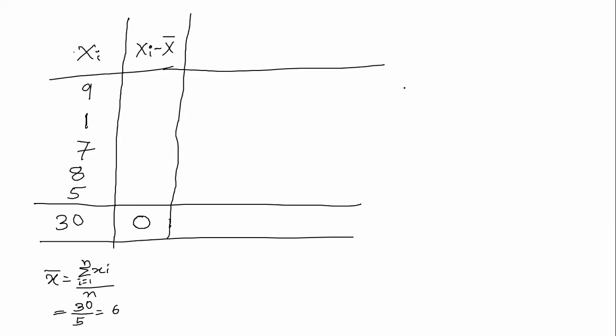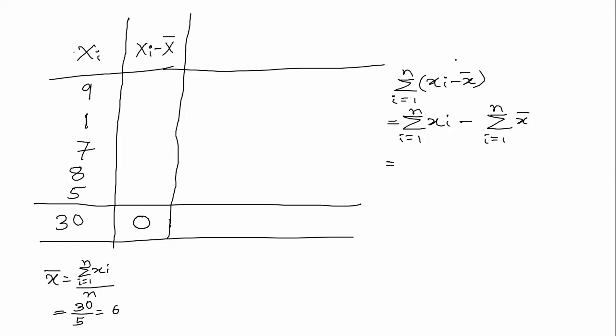This is very simple. This is raw data: summation of xi minus x bar, i running from 1 to n, and that is equal to summation of xi, i running from 1 to n, minus summation of x bar, i running from 1 to n. Now summation xi means sum of all the observations, and as we have seen x bar equals summation xi upon n. So summation xi is equal to n times x bar, means number of observations into arithmetic mean.